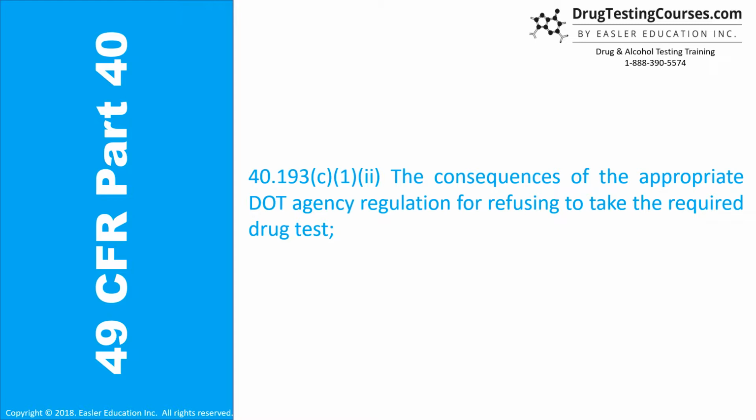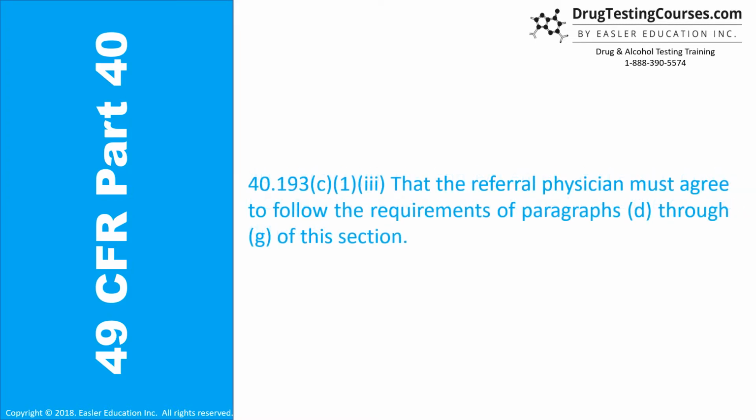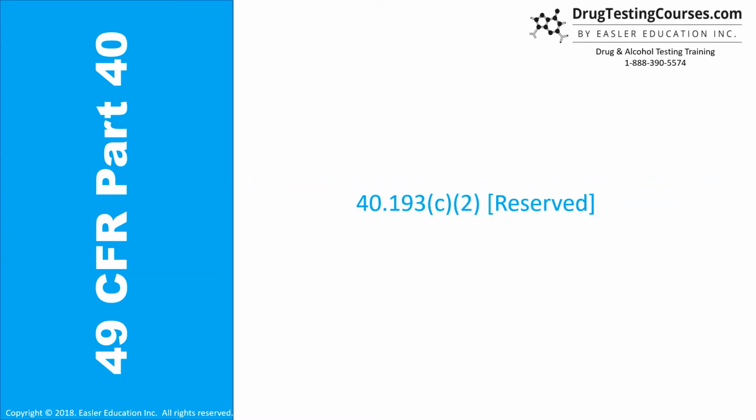The consequences of the appropriate DOT agency regulation for refusing to take the required drug test. Sub 3. That the referral physician must agree to follow the requirements of paragraphs (d) through (g) of this section. 40.193(c)(2). Reserved.